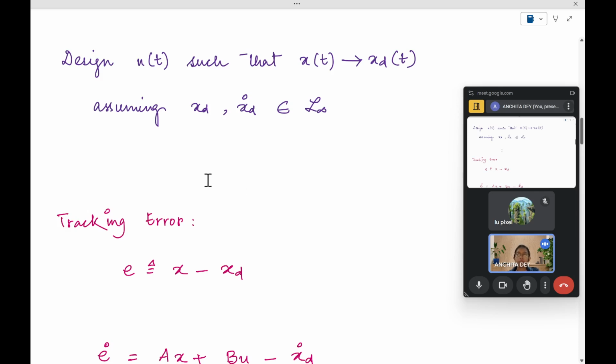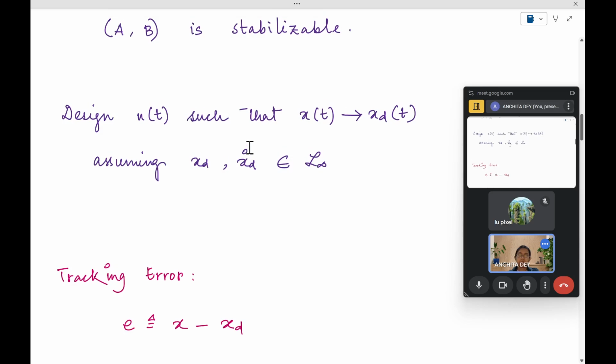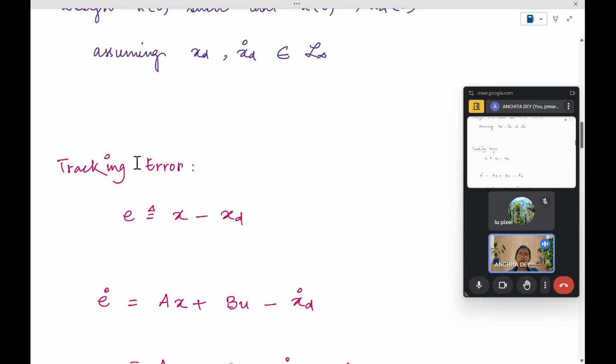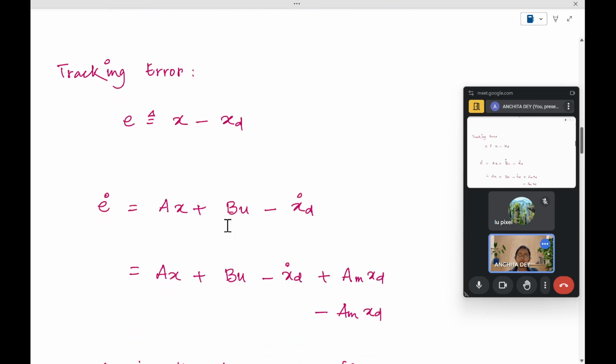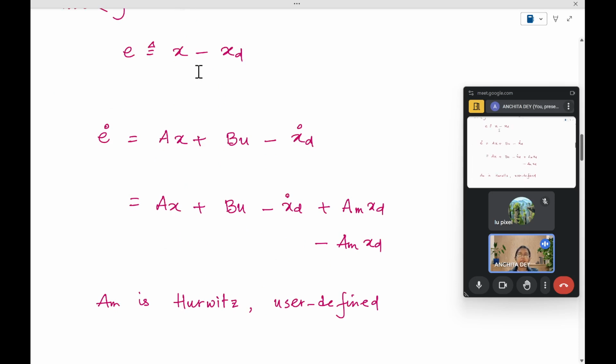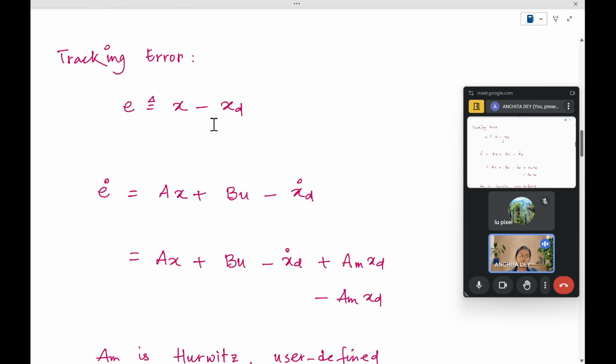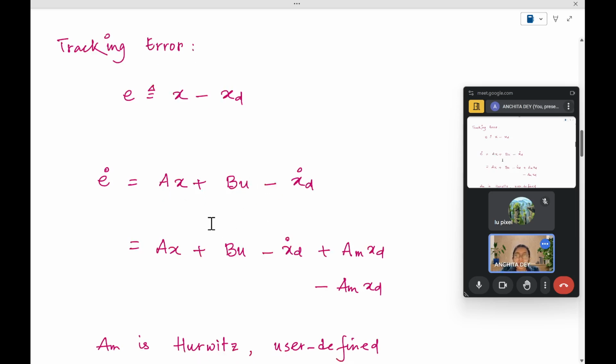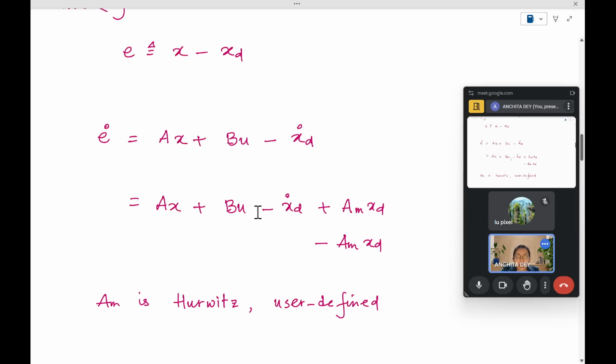So if we want to look into this tracking problem, we have a tracking error that's defined as e = x minus xd, right? And now we just want this to go to 0. So let's see what e dot is. e dot is equal to ax plus bu minus xd dot.